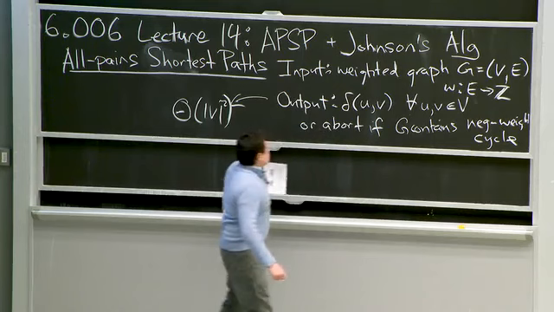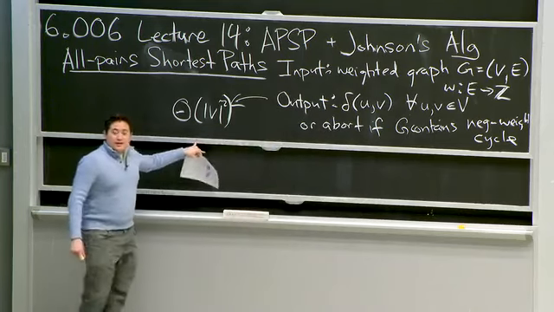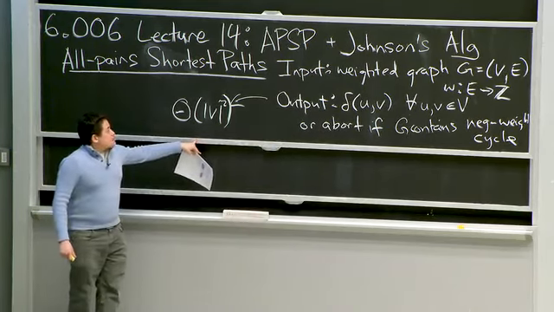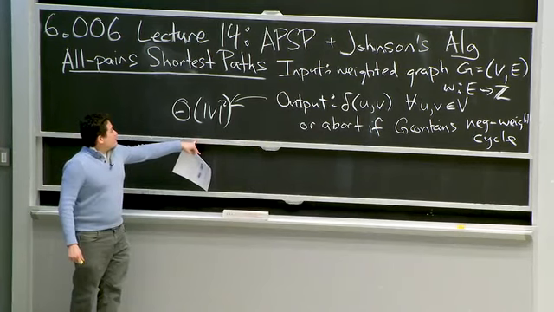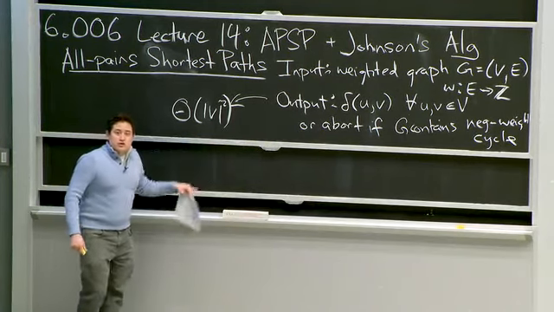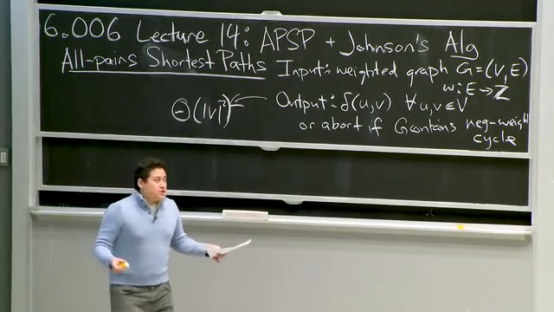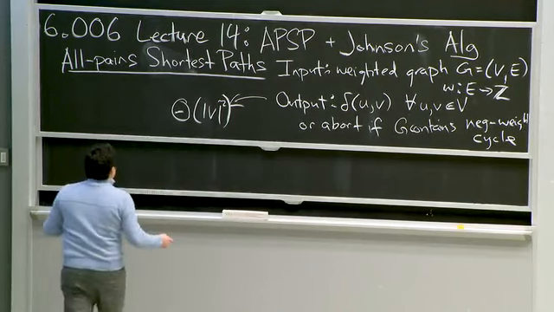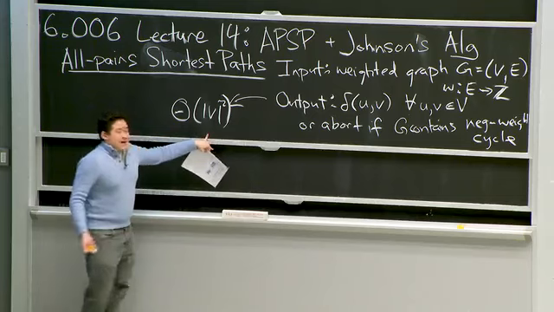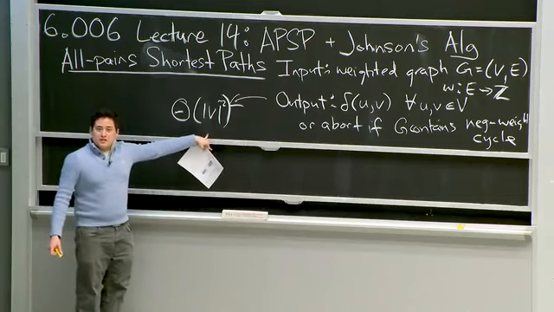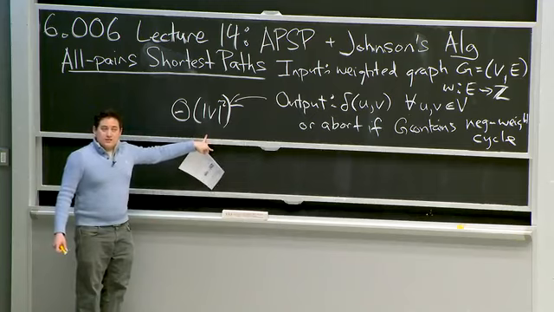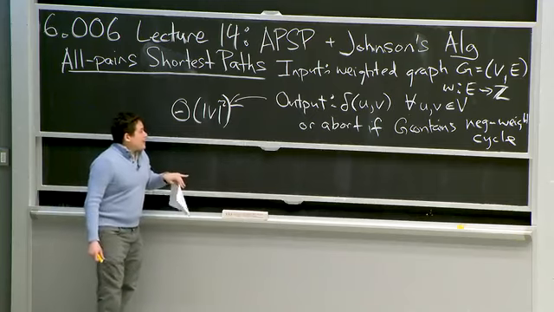And so we couldn't hope for linear time in the size of this graph for this problem, right? Single source shortest paths, we need to read the graph, and so we need to use linear time. But in this problem, our output has quadratic size in the number of vertices. So in a sense, we can't do better than quadratic.